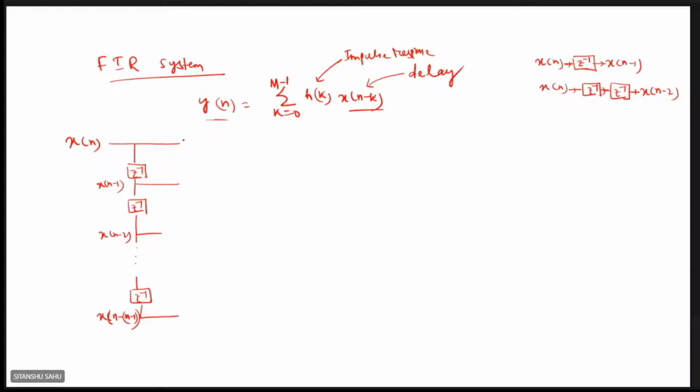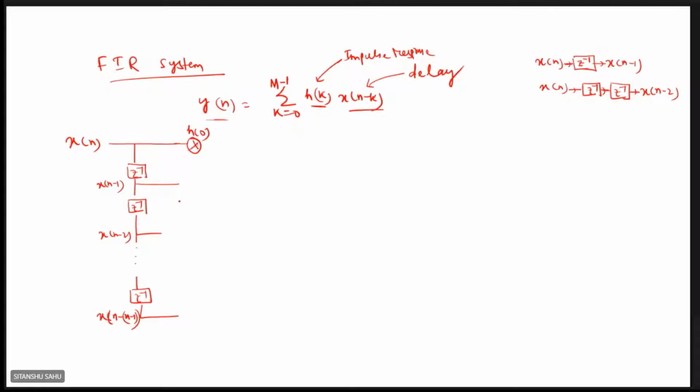Clear? So now this will go and multiply with its impulse response h of k, right? So k is 0, so it will be h of 0 multiplied with x of n, because when k equal to 0, that will give you directly the present input value x of n. So this will be my h of 0.